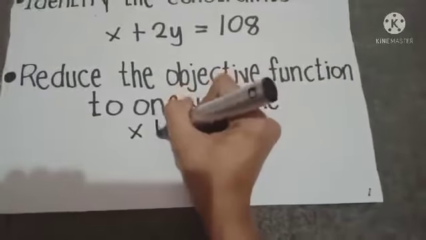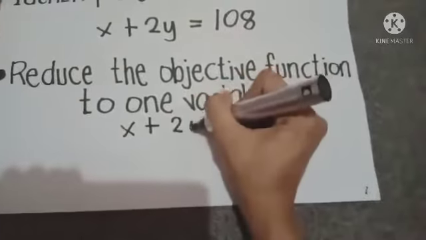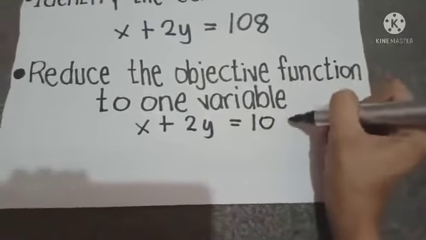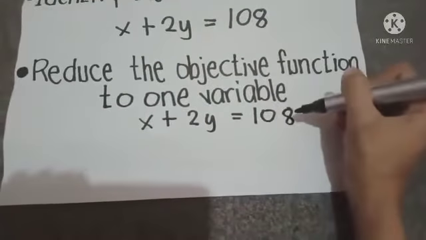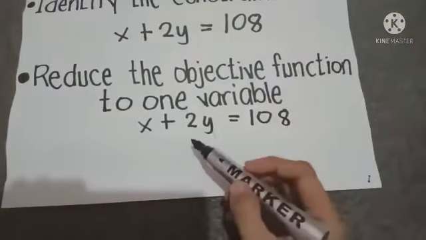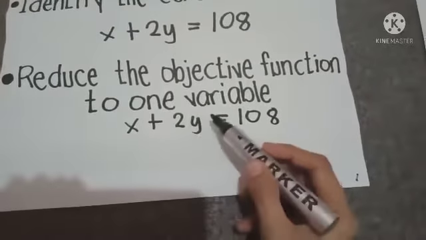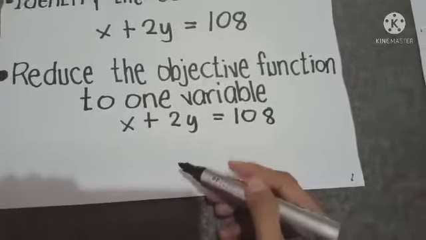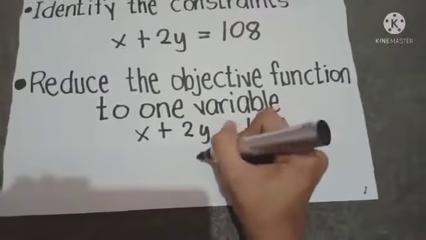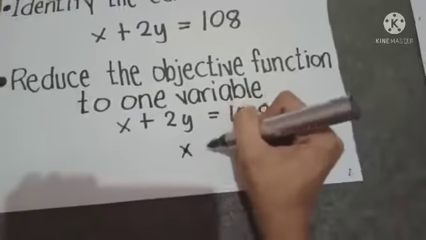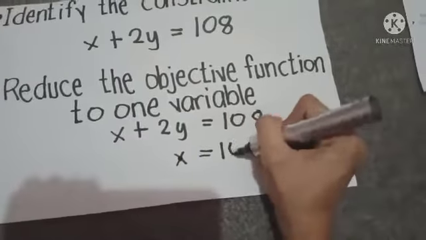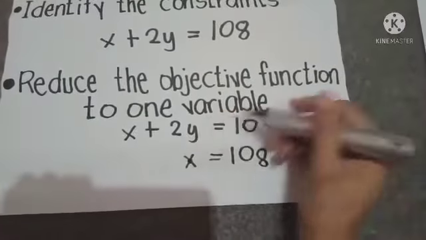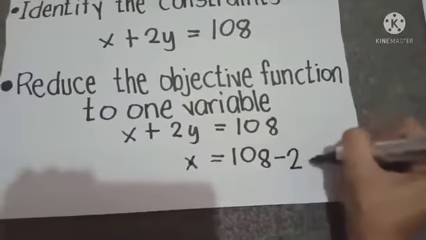So therefore, x plus 2y equals 108, which is our constraint. We just have to transpose 2y because we are expressing it into x in terms of y. So x equals 108, transpose 2y will become negative 2y.